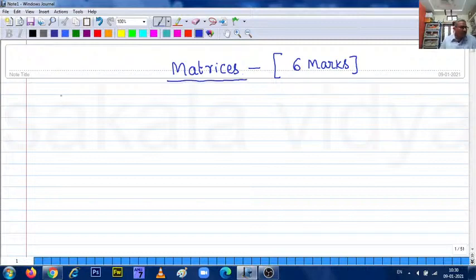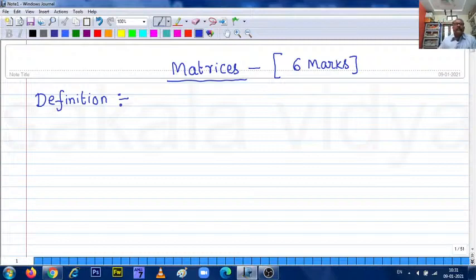First, the definition of the matrix. So what is the matrix?